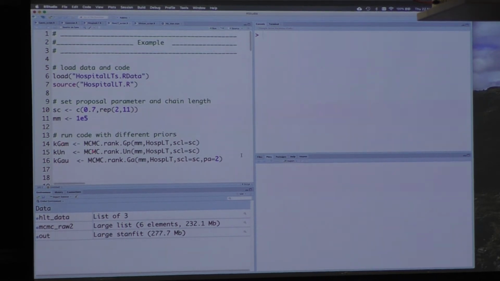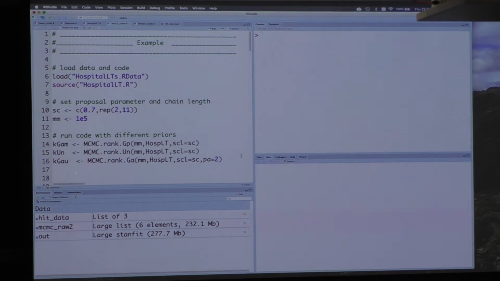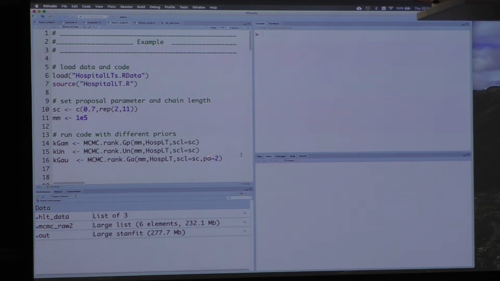So this is the output of the chain using the gamma prior on the precision. This will be the output of the chain using the uniform prior on the precision. And this is the output of the chain using the half Gaussian prior on the precision.